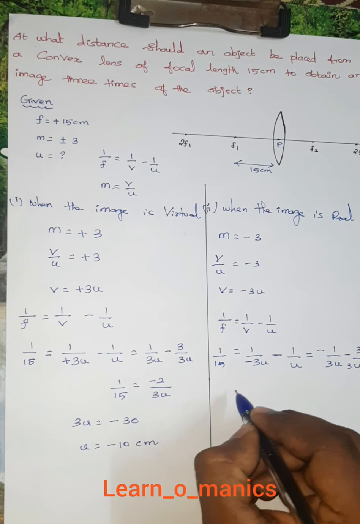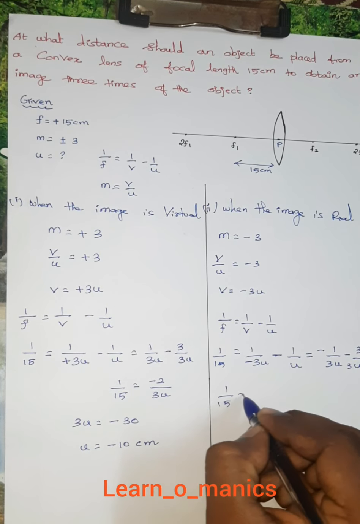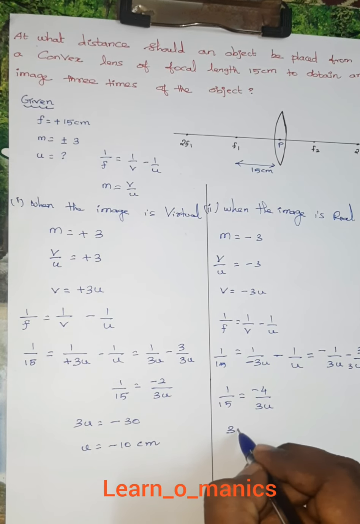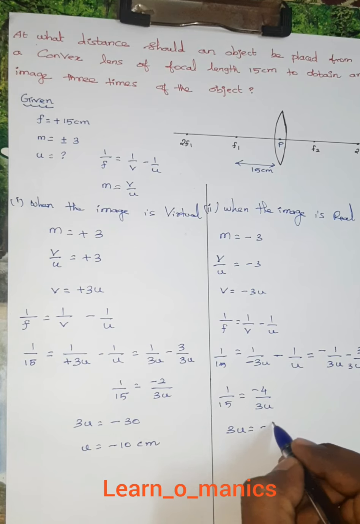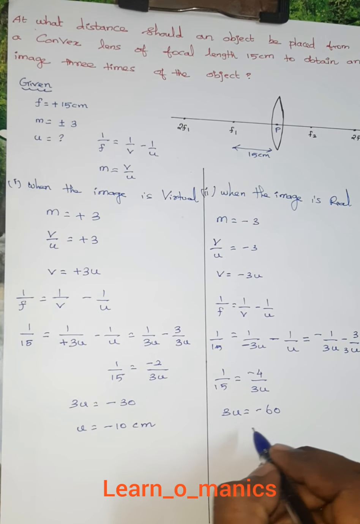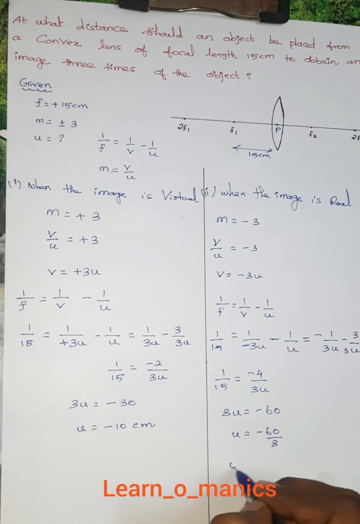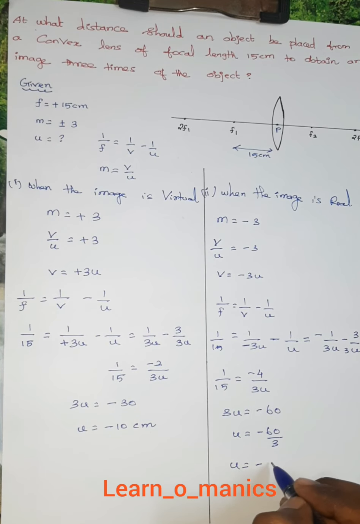Here 3 will come. So 1 by 15 equals minus 4 divided by 3u, and then cross multiplication: 3u equals 15 fours are minus 60, and then u equals minus 60 divided by 3, and then u equals minus 20 centimeter.